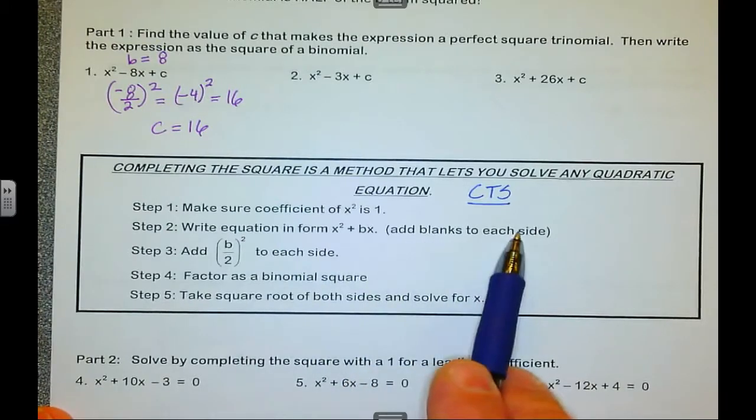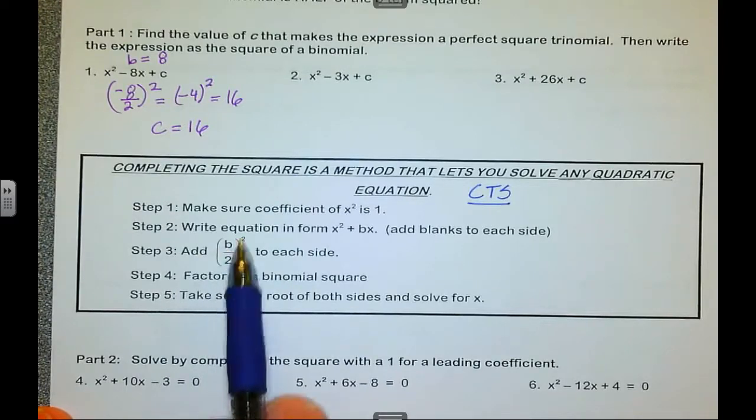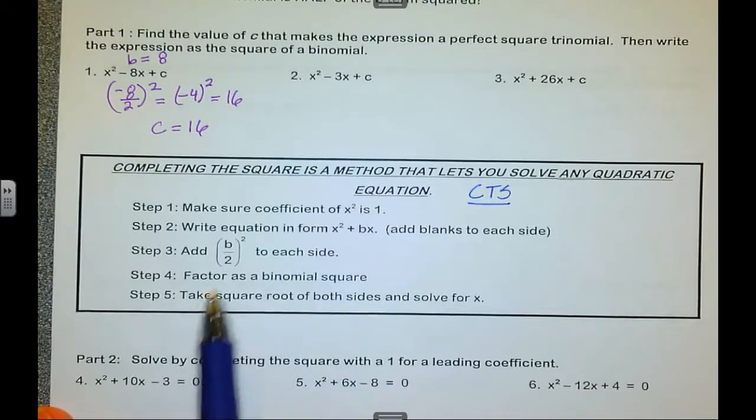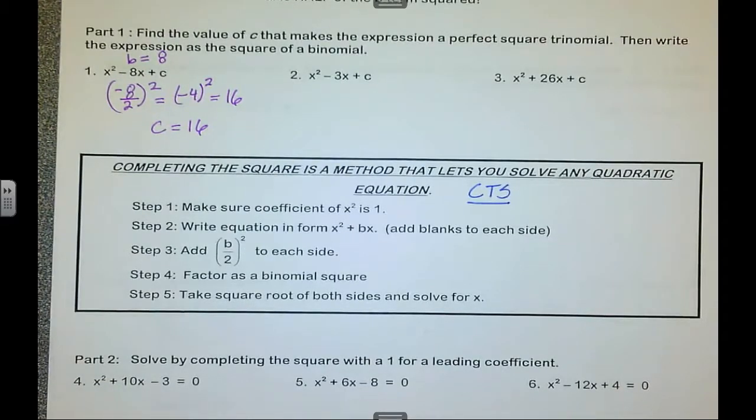I'll show you how to add the blanks. Then you're going to add b divided by 2 squared to each side. Then you're going to factor it as a binomial. Then you're going to take the square root of both sides like you did last night for your homework and solve for x. See how this is scaffolding and building upon itself? That's why you needed to learn that skill last night very well.